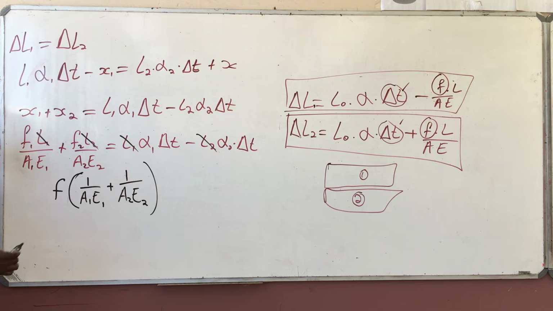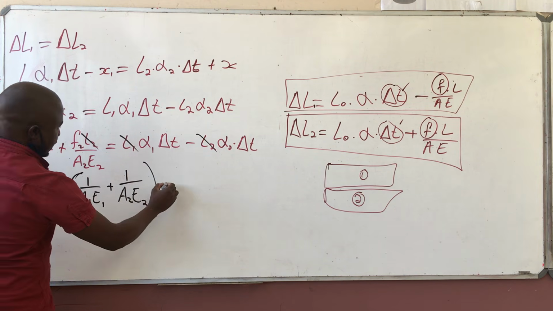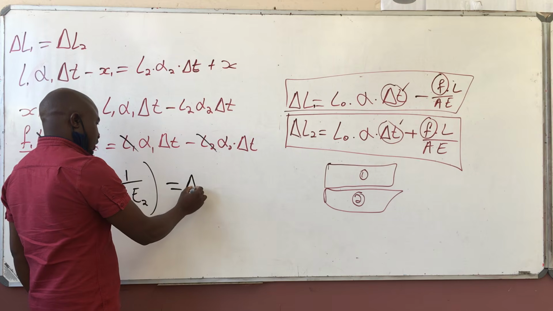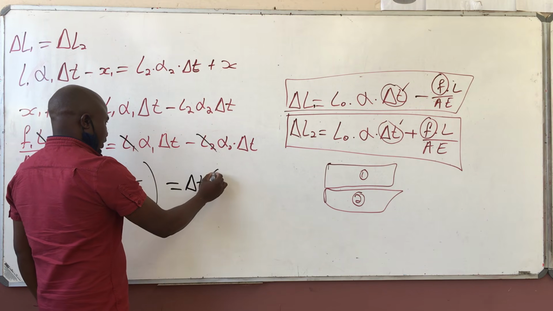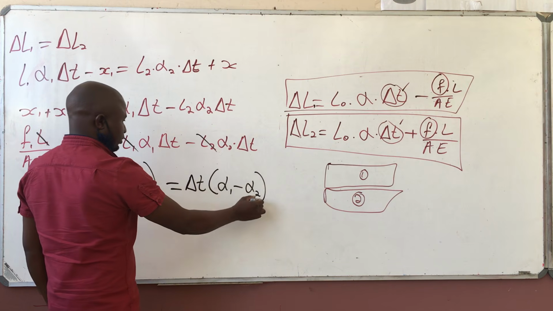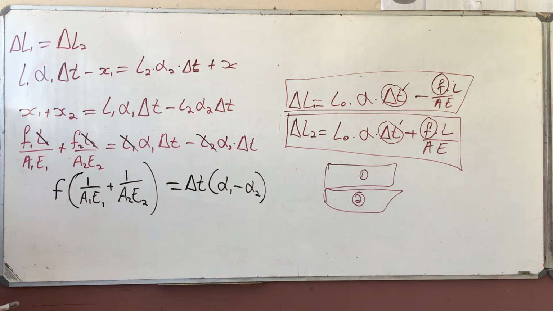Did I take the common factor correctly from this side? Okay, is equal to. Even on this other side, I'm still going to take a common factor. And that common factor will be what? Change in temperature, into the bracket like that.